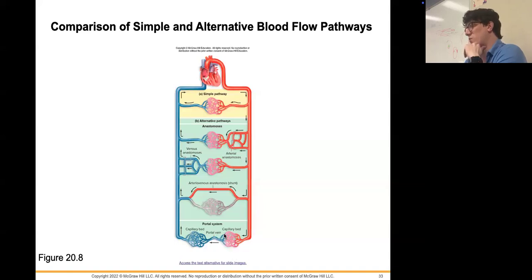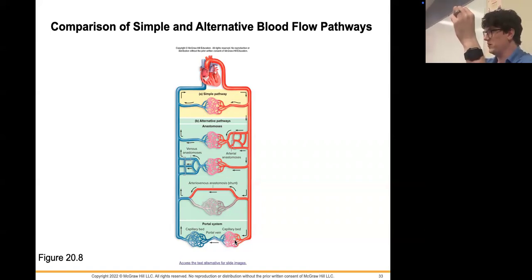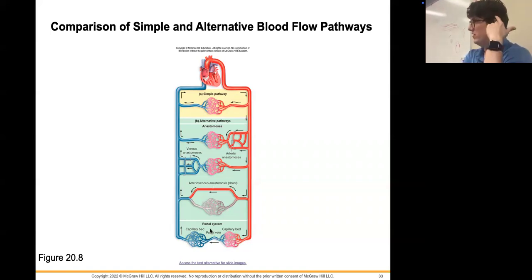We have seen one of these before, when we talked about the endocrine system, with the hypophyseal portal system, where we had the capillary bed around the pituitary stalk at the bottom of the hypothalamus, and then it led to a portal vein, and then to that capillary bed down in the anterior pituitary. That is an example of a portal system, where you have a capillary bed leading to another capillary bed. We're going to see another one of these in the liver pretty soon.